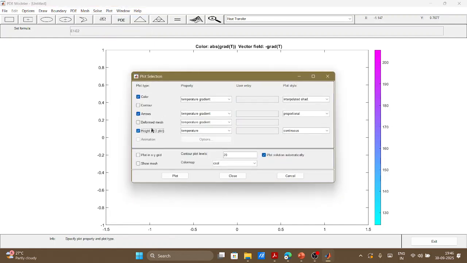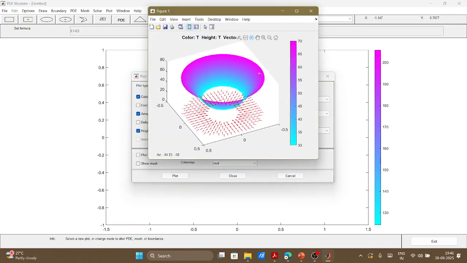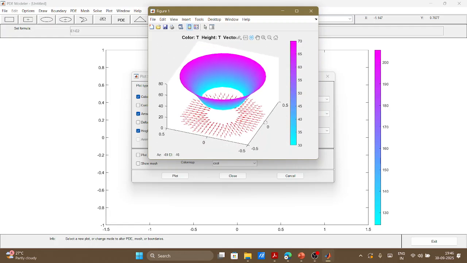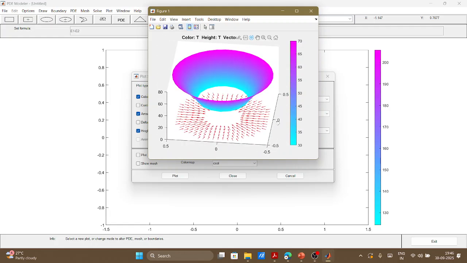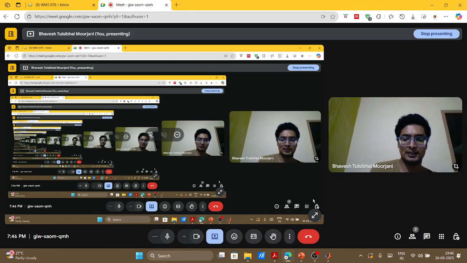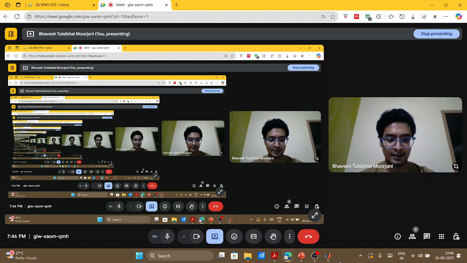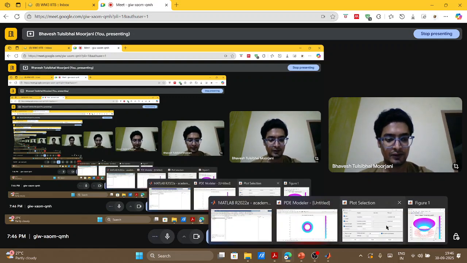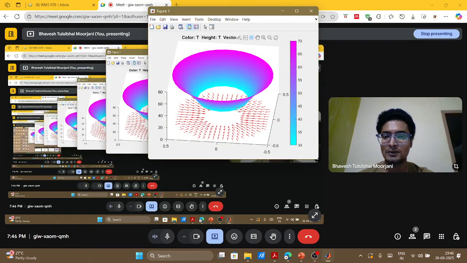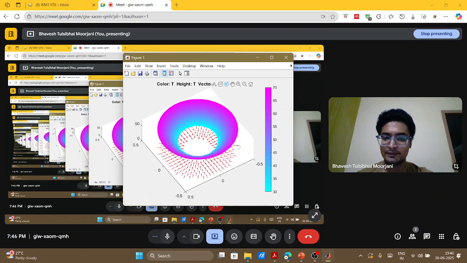The 3D view looks much better about the change in the temperature, right? So this is how your change will happen within the cross-sectional area of your cylinder, right? Something which you cannot see in real life, you can visualize the transition that is happening inside this toolbox, right? With the help of this toolbox, you can see how this variation of the temperature is occurring.